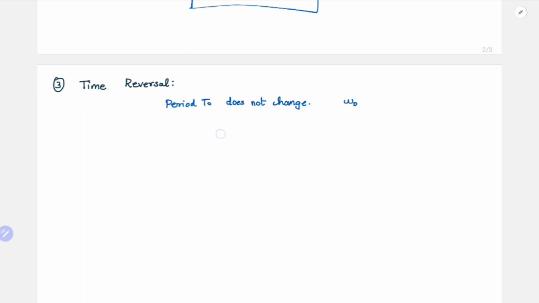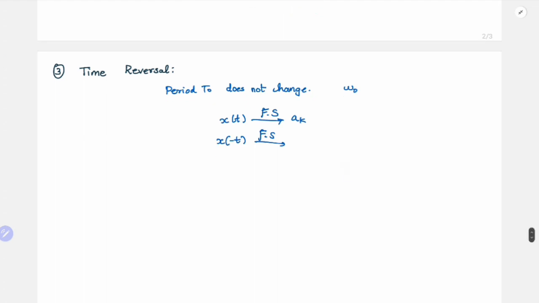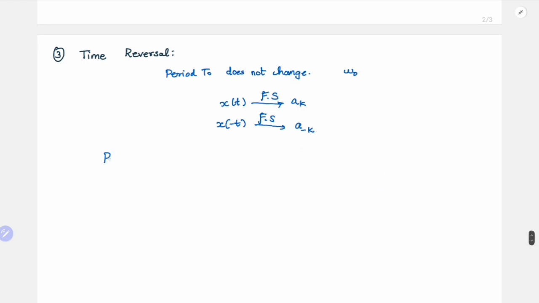So let's say x of t has the Fourier series coefficient ak, and what happens to x of minus t? It is actually a minus k, right? So a1 will be, when you time reverse it, a minus 1. We'll give a proof for this.